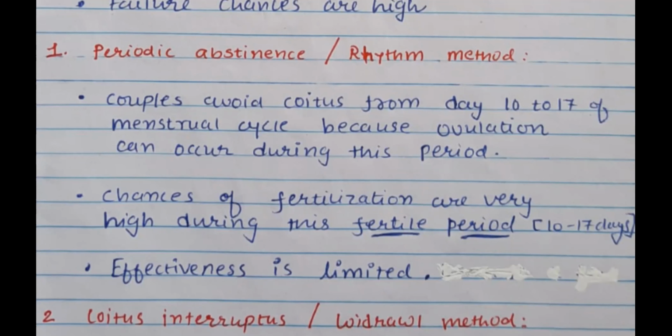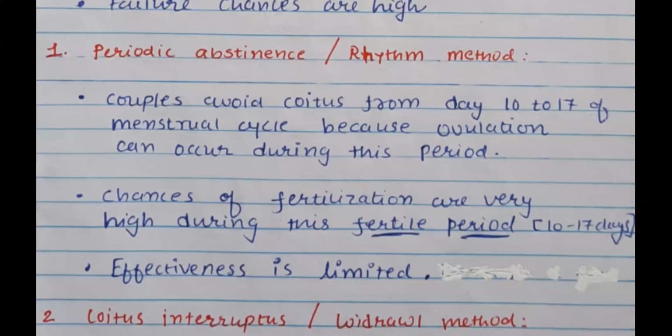Now, in this method, you know the menstrual cycle, the uterine cycle. Can you tell me on which day ovulation takes place if the cycle is regular, generally 28 days? On the 14th day ovulation takes place.